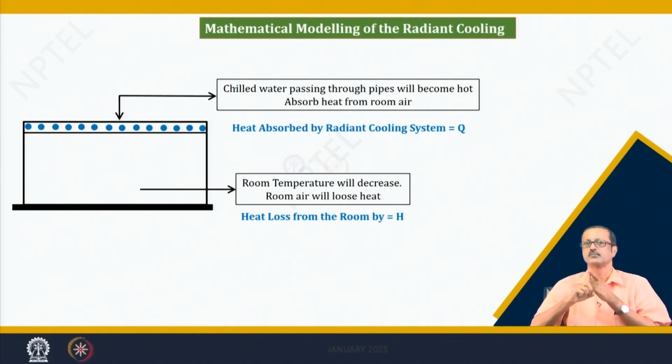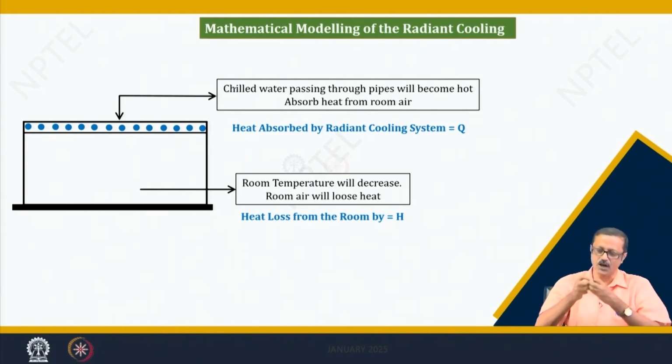It is the chilled water passing through this embedded mechanism in the slab, or maybe below it, whichever is implemented. So, this heat will be absorbed by the radiant cooling system.